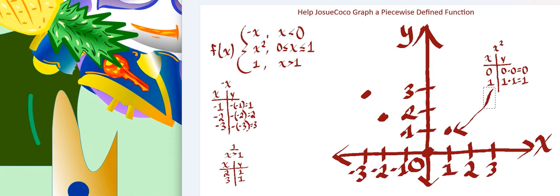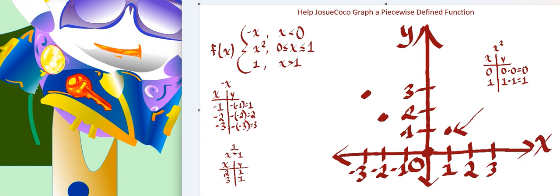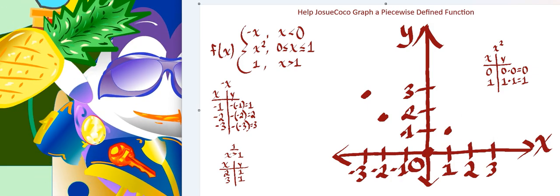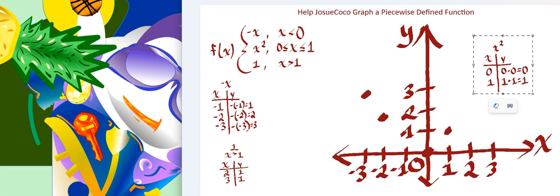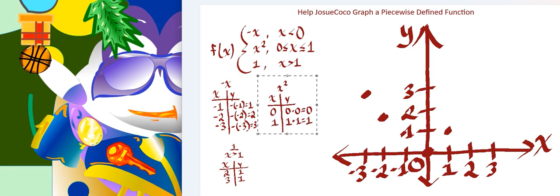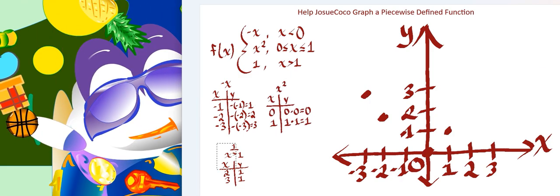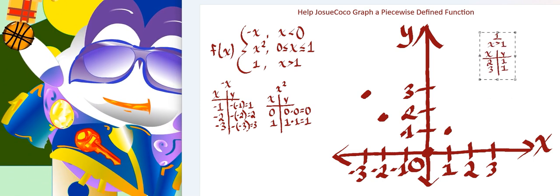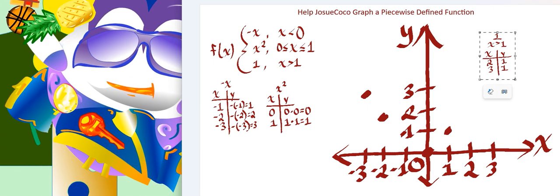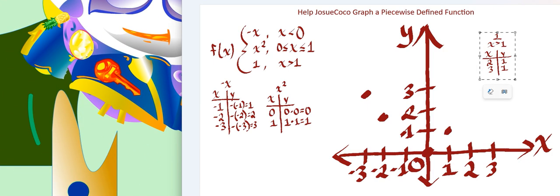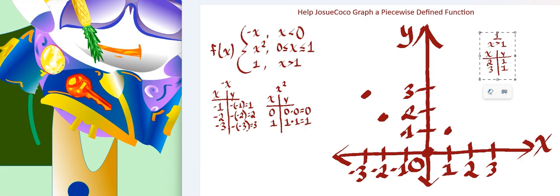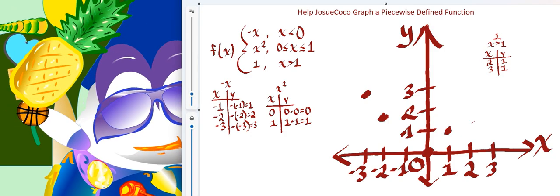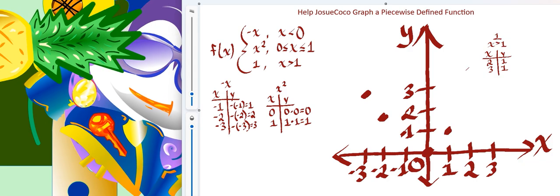Now, this is x squared. This will represent a curved line going upward. Finally, we'll take x is greater than 1. This will be a horizontal line.